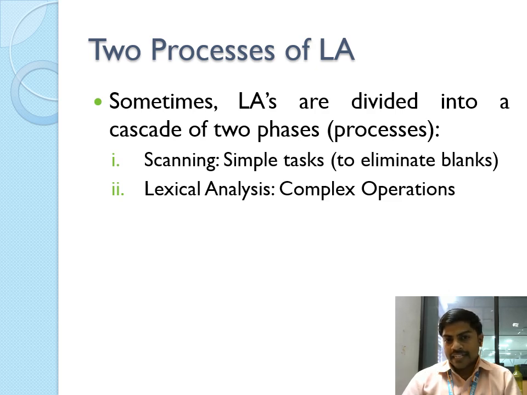That is called scanning. The lexical analysis process then does the actual lexical analysis. Once the program is rid of the unwanted portions, we get the original program from which the lexical analyzer splits the tokens.